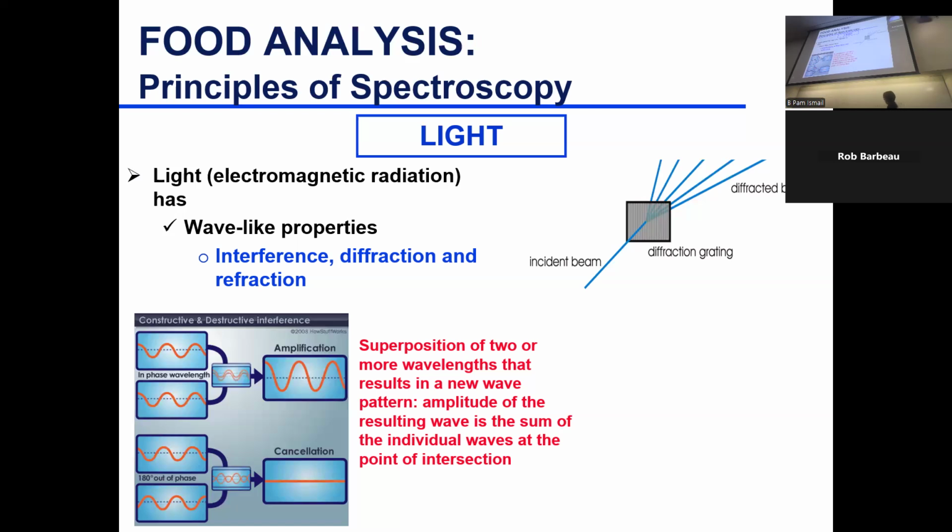Beer's law applies only when we have monochromatic light. Meaning, what is monochromatic light? One wavelength, or light within a very, very narrow wavelength range.